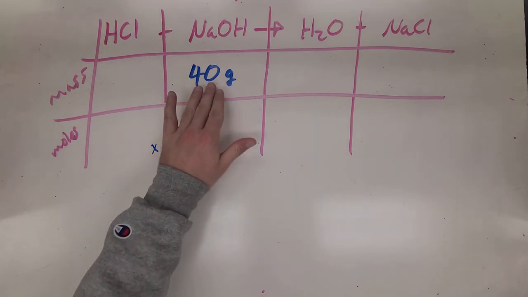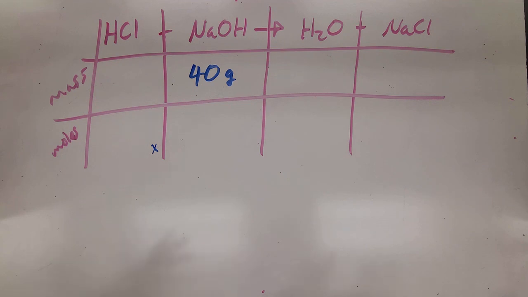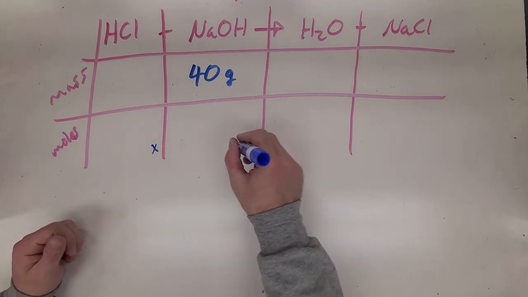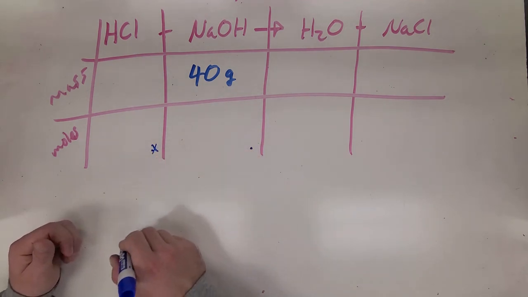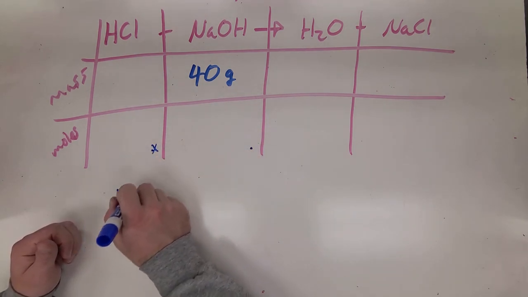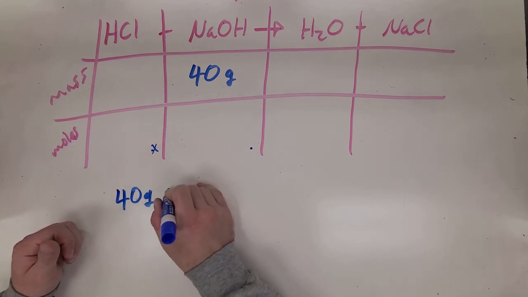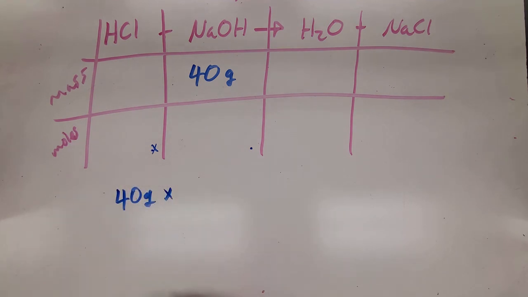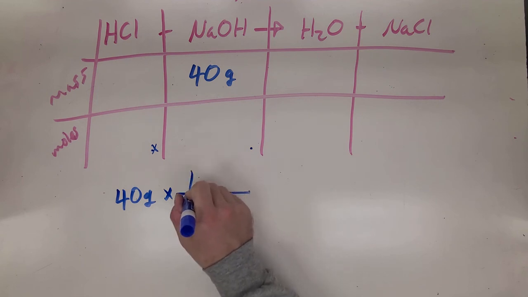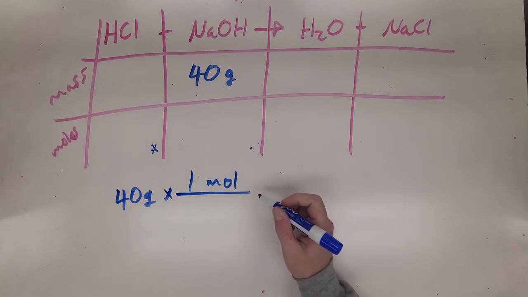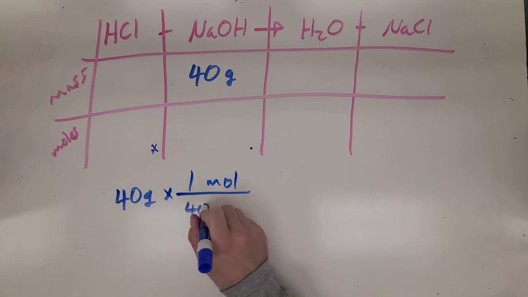Okay, we know the number of grams of sodium hydroxide that we dissolved in some water to do this titration. What we need to do is first convert this to this, and then we can figure out the number of moles that is. So we take 40 grams of sodium hydroxide, multiply it by a unit conversion factor of 1 mole over about 40 grams per mole.